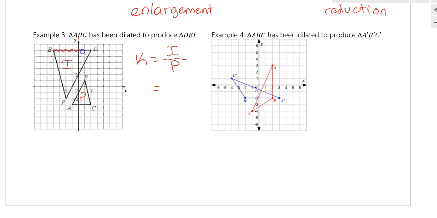Again, I'm going to choose a straight side, which is these. So my image is 1, 2, 3, 4, 5, 6 units long. My pre-image is 3 units long. So my scale factor is 2. From here to here it is getting bigger, and this is greater than 1. So both of those things point to an enlargement.